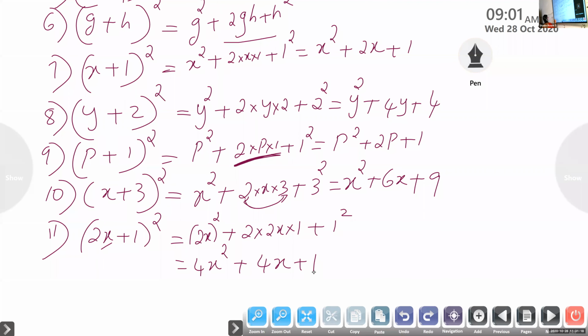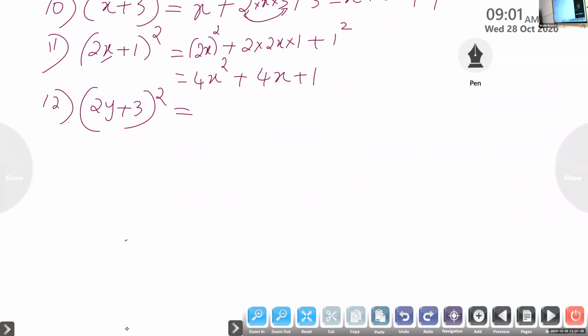Next one is 2y plus 3 the whole square. Finish.